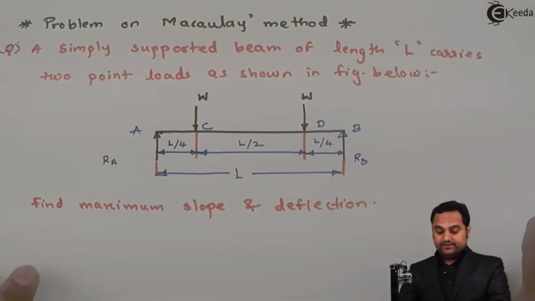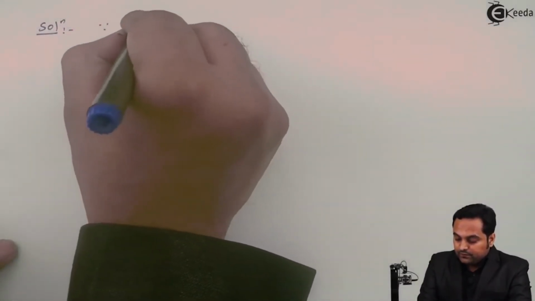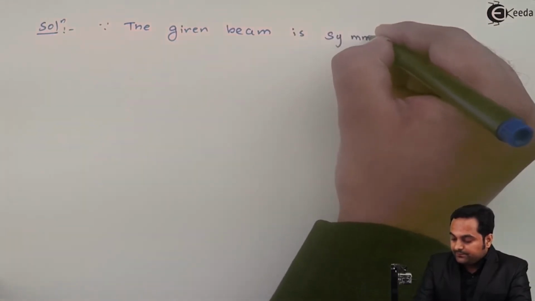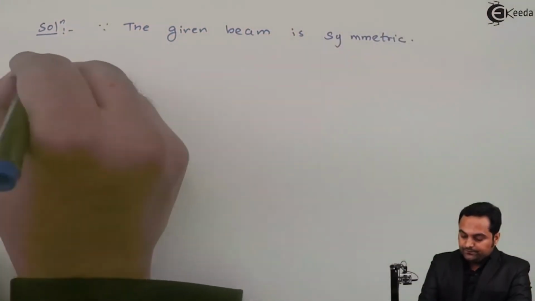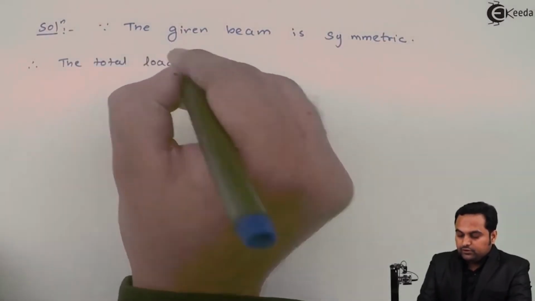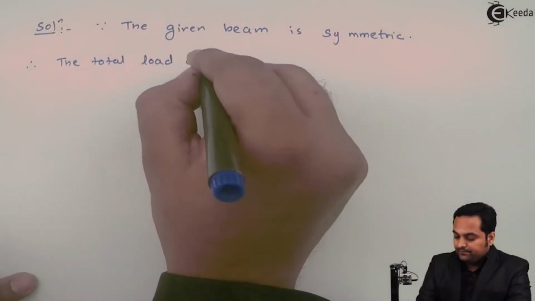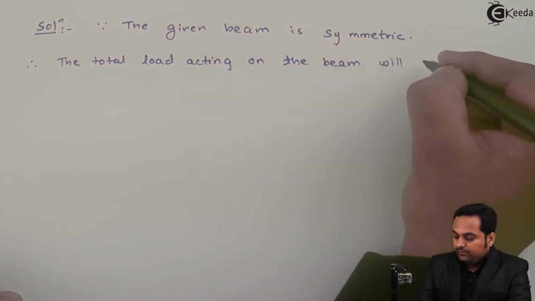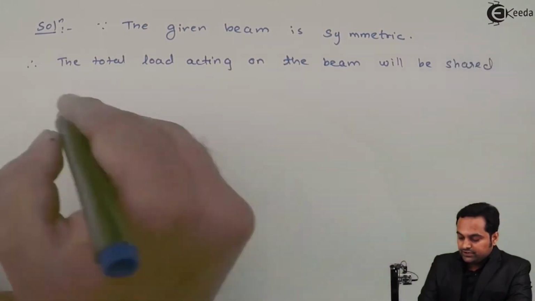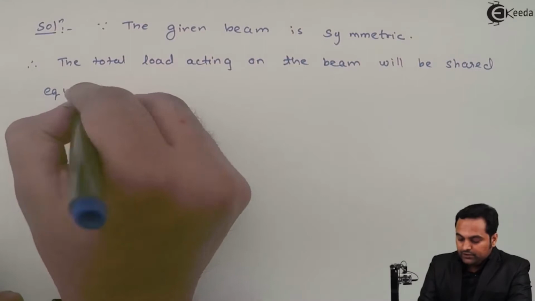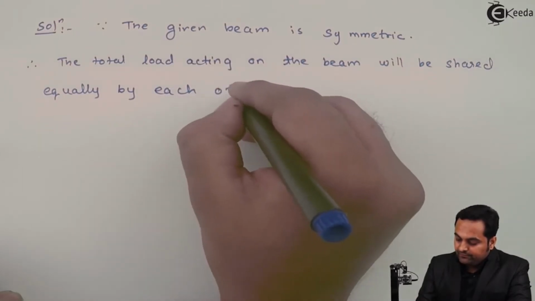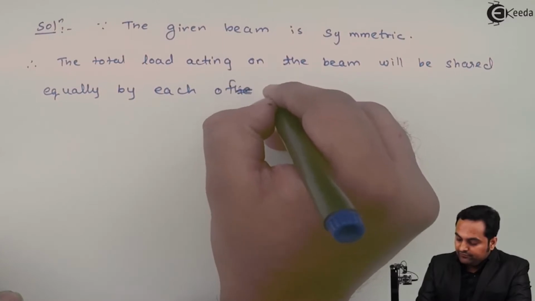So here I'll say that in the solution part, since the given beam is symmetric, therefore the total load acting on the beam will be shared equally by each of the supports.